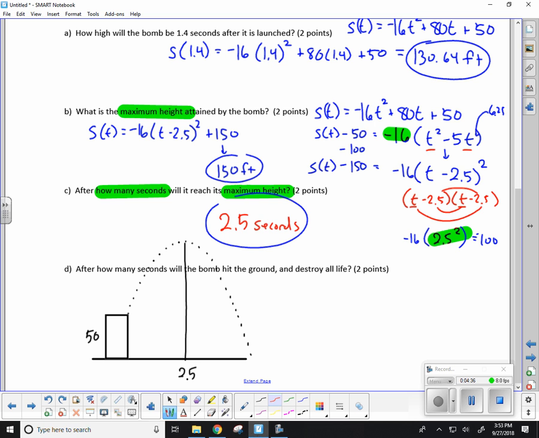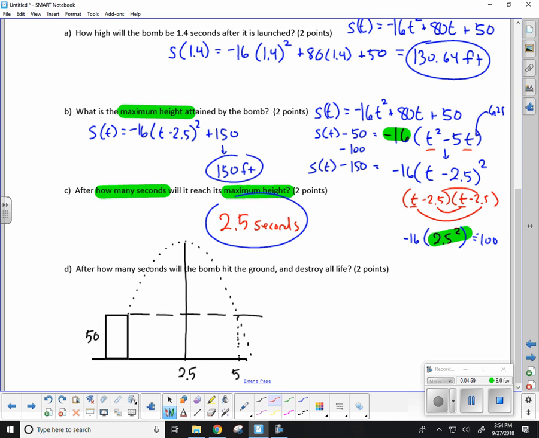Now, if you reason out correctly, it's symmetrical. So if it takes 2.5 seconds to get to the top, it's going to take 2.5 more seconds, or 5 seconds to get to the original starting height. But it did not start on ground level. So it's going to fall for a few more seconds, or even a fraction of a second.